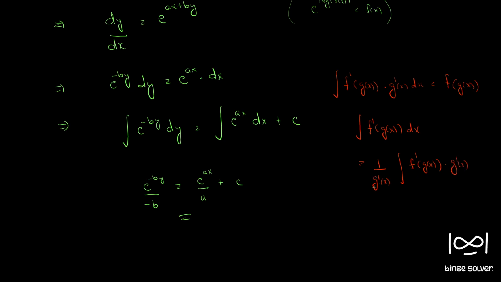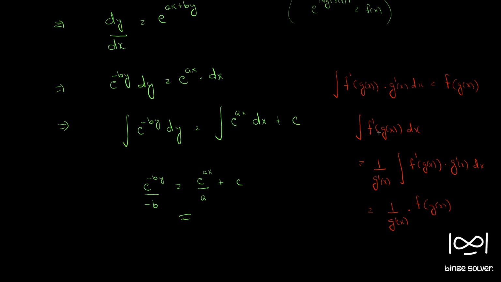So we just divided and multiplied this with g dash of x. So now this becomes solvable. It becomes 1 by g dash of x into f of g of x.